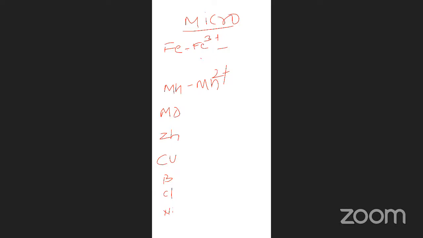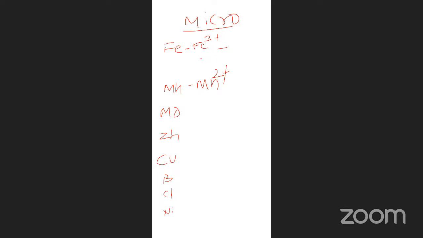Like copper, calcium is also involved in splitting of water. Right, copper is also involved in splitting of water, and manganese is also involved in splitting of water during photosynthesis. I will explain later in the photosynthesis class. Right? And the deficiency symptoms of manganese.